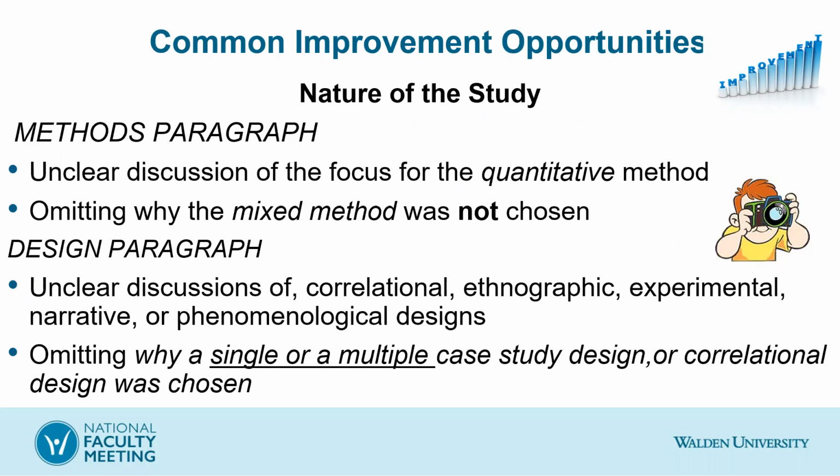Omitting why a single or multiple case study design is being used is a common mistake; we should make sure that we explain that and have clarity to it. And for the quantitative correlational design, make sure that we don't use the word correlation. Correlation is a statistical test, and correlational is a quantitative research design.